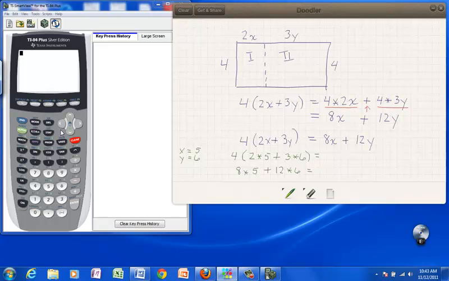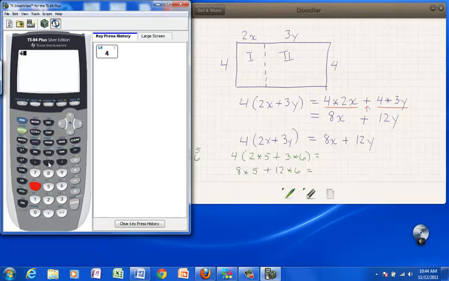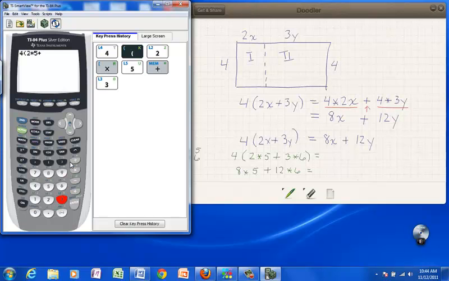Now let's see if this actually works. So for the first one I have 112.